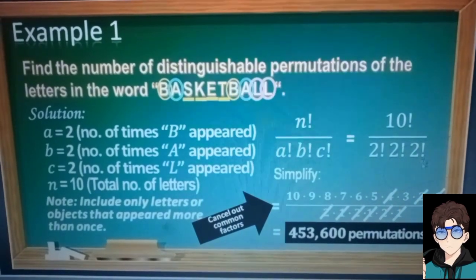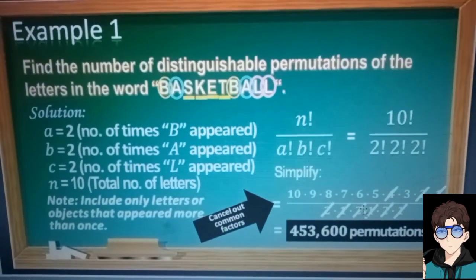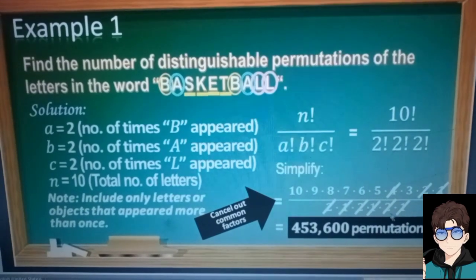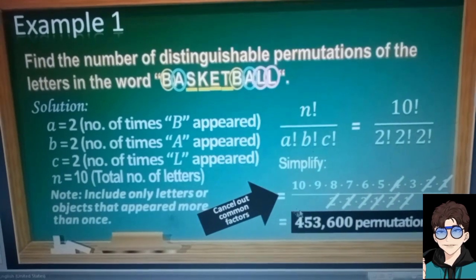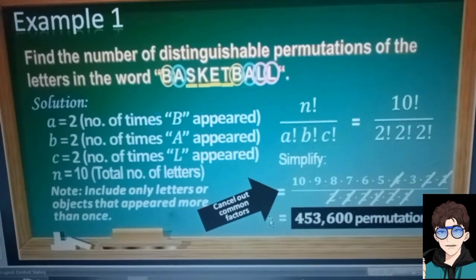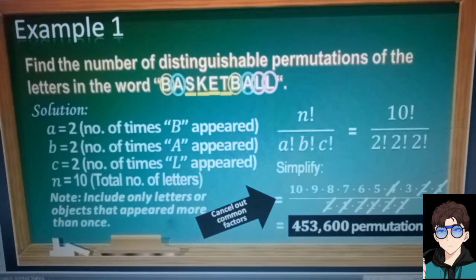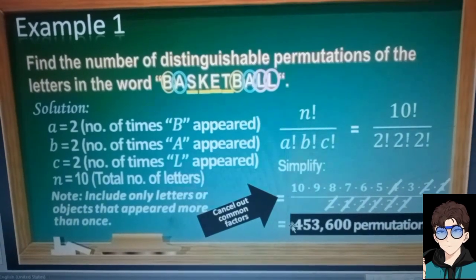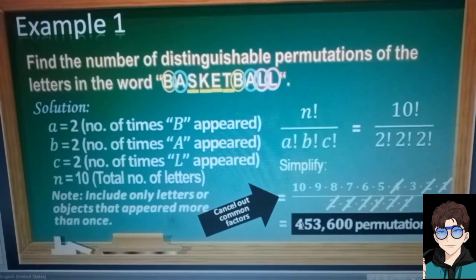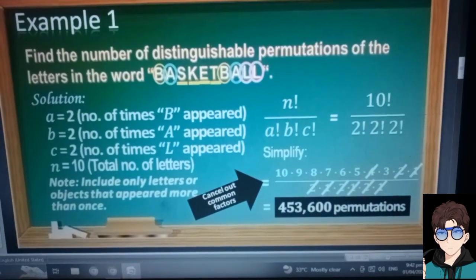You cross out and reduce, which gives us 453,600 permutations. So cancel out common factors, or reduce. The best word here is reduce.